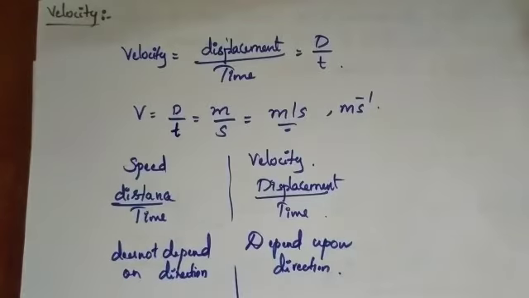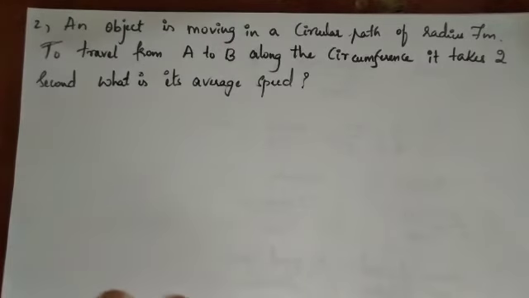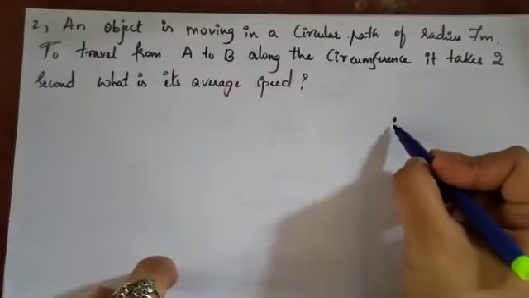There is another problem in your example, let us solve that. The question is: an object is moving in a circular path of radius 7 meter. To travel from position A to position B along the circumference, it takes 2 seconds. What is its average speed?